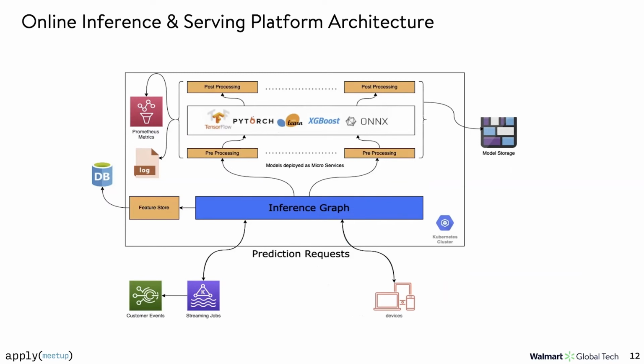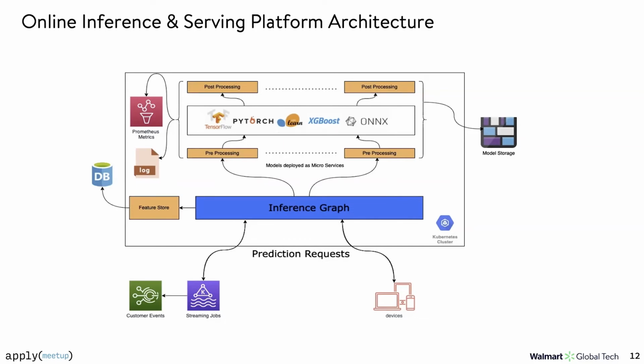We have completely built this online inference platform in a Kubernetes cloud environment, and we are also multi-cloud, as Walmart operates with different cloud partners. So we want the platform we have built to be easily deployable across different cloud partners.